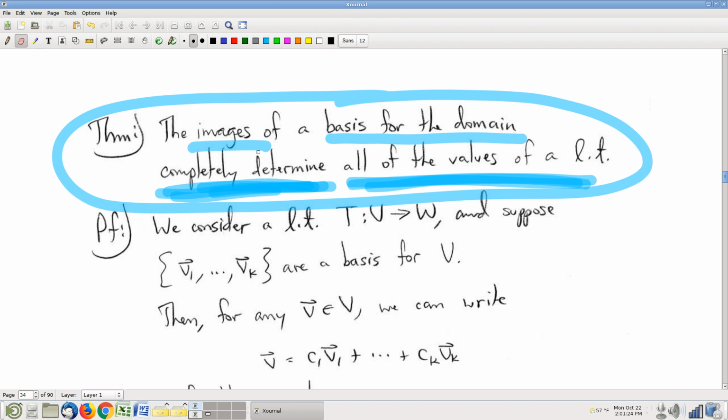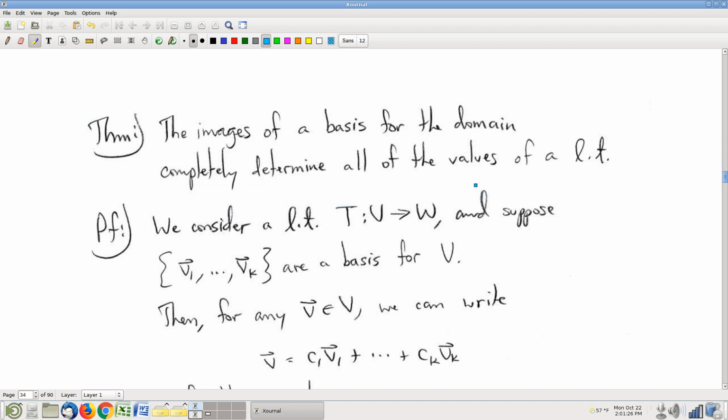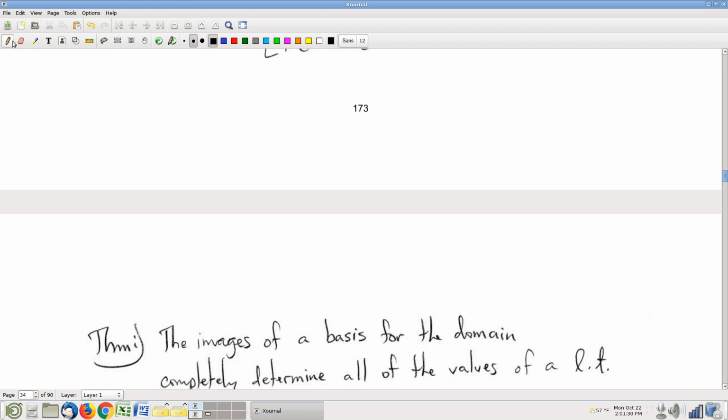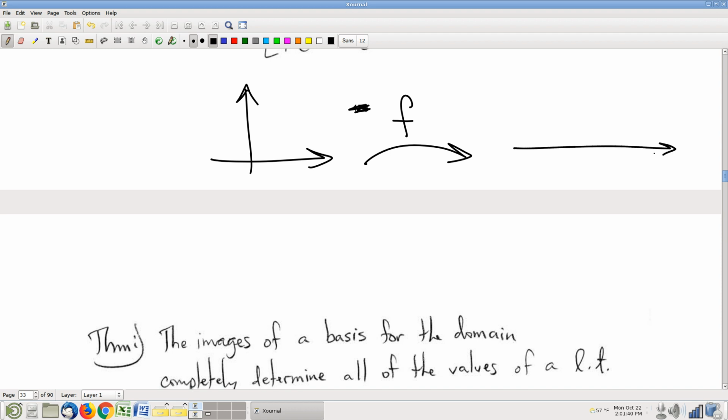Let me give you a quick way to think about that. Let's suppose I were to tell you that we've got some multivariable function from R2 to, I don't know, R1, let's say. And suppose I were to tell you, okay, here's E1, and here's E2.